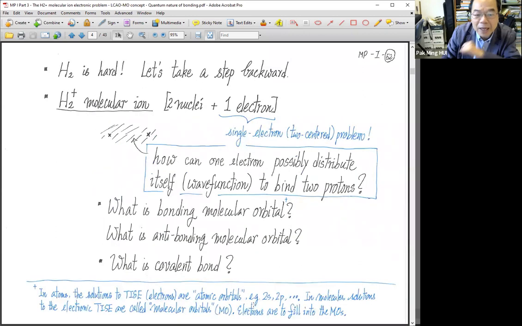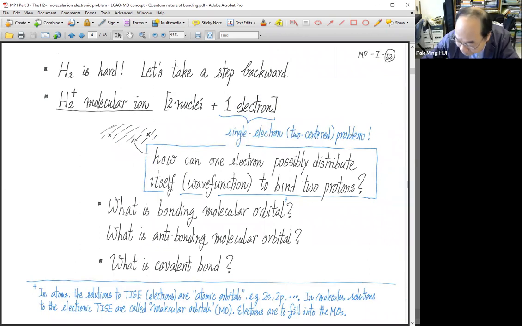What is H2 plus? I have an H2 molecule, neutral. I take away one electron. So the problem is two centers, one electron. That is the nice thing: I have a single electron, but a two-center problem.